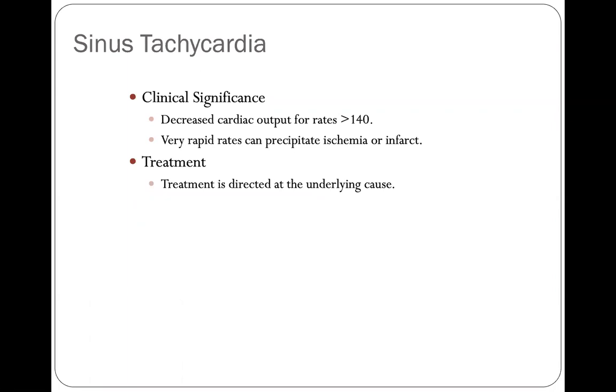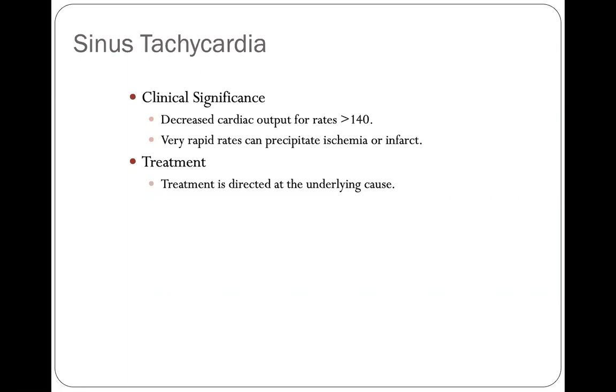If they're exercising, there are other means by which they're getting that cardiac output, and other means by which they're getting their energy sources. But in a non-exercising individual, a heart rate greater than 140 can start to decrease their cardiac output, and that can become a problem. It can start to precipitate ischemia or even infarct.